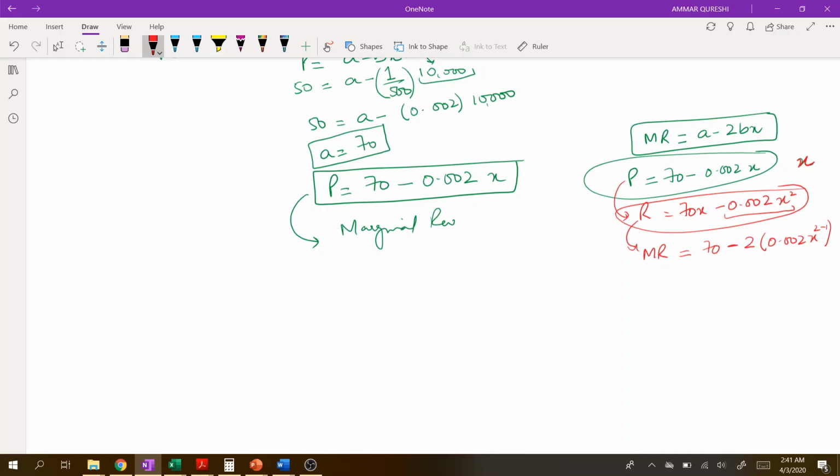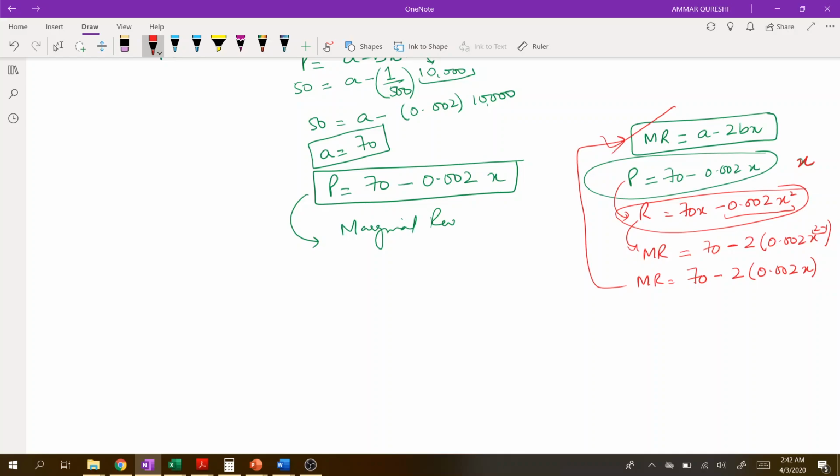Those who are from a commerce background don't know anything about derivatives, so they may continue with this part, right? So what will be the marginal revenue in this case? Marginal revenue will be 70 minus 2 multiplied by 0.002. X to the power 2 minus 1 is equal to 1. So this becomes the same formula: marginal revenue is equal to A minus 2BX, right?